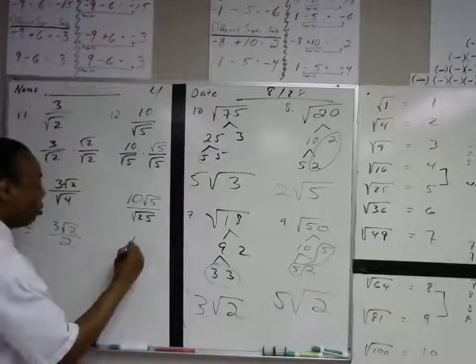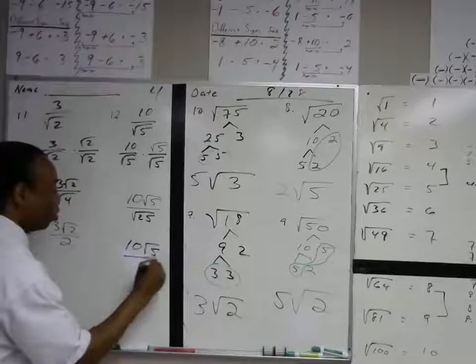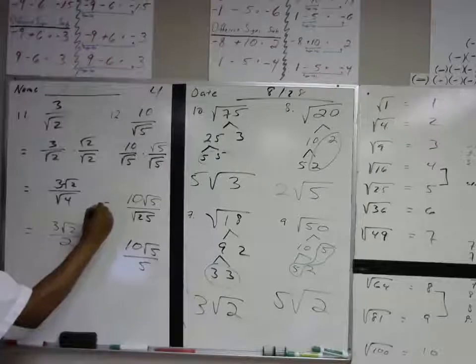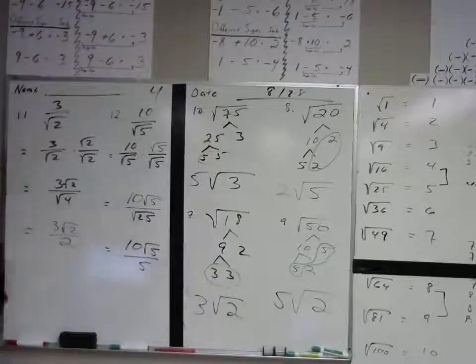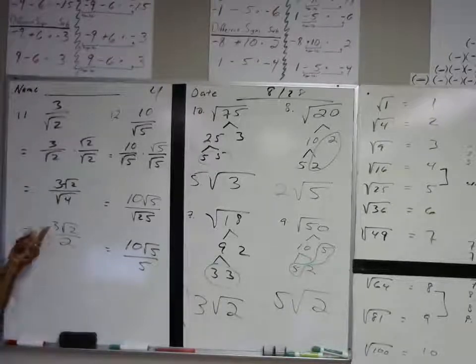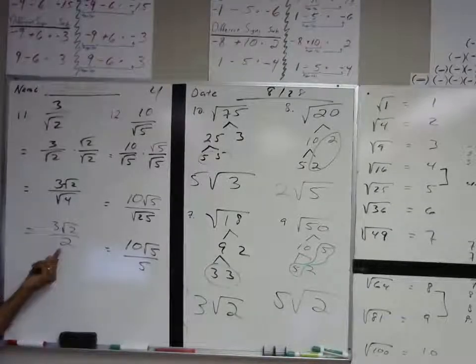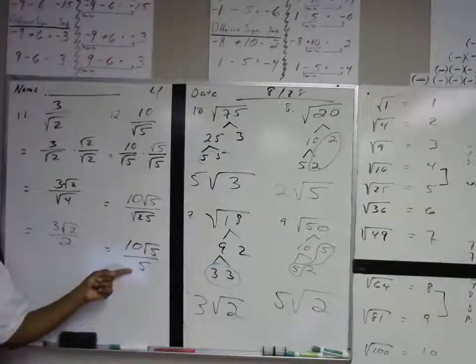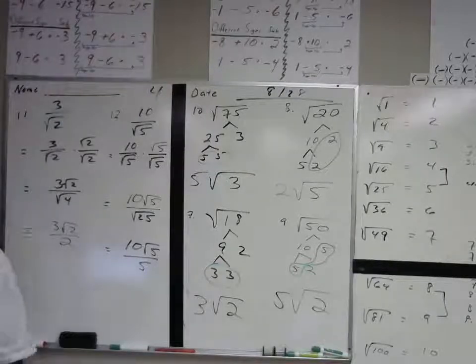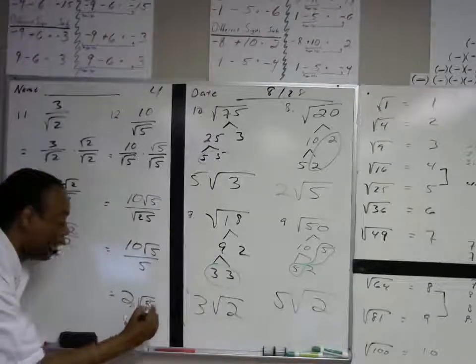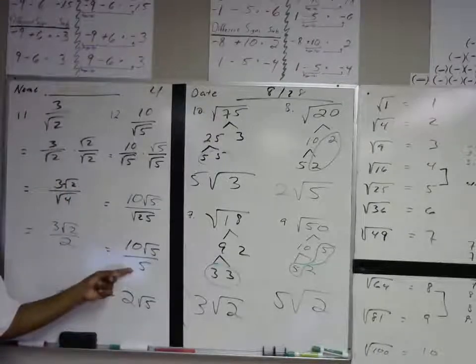So this becomes 10 square root of 5 over 5. This one has one more step that the other one does not have. 3 cannot be divided by 2. That's why we stopped here. But 10 can be divided by 5. What is 10 divided by 5? 2. So the final answer is 2 square root of 5, because 10 can be divided by 5 and give you a 2.